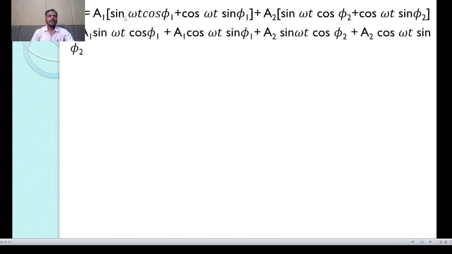Multiplying A1 inside the bracket, we can write A1 sin ωt cos φ1 plus A1 cos ωt sin φ1.